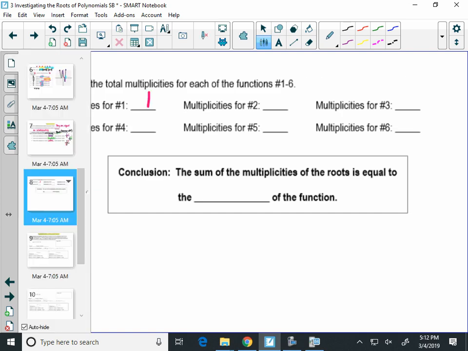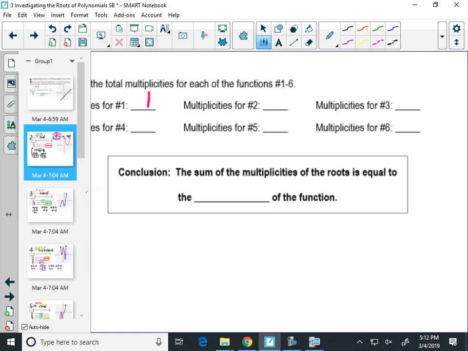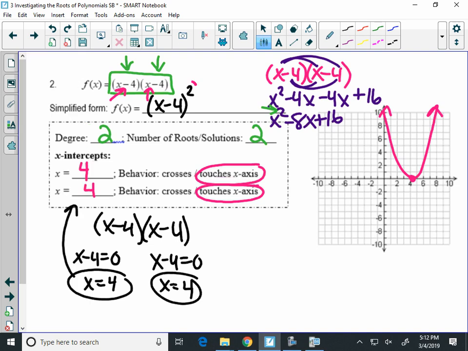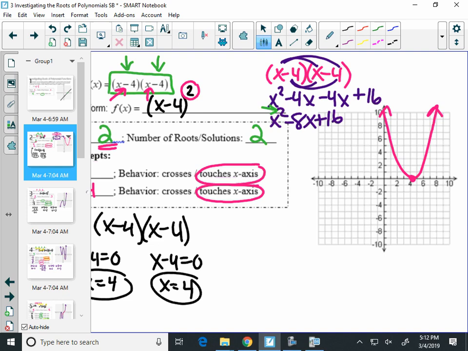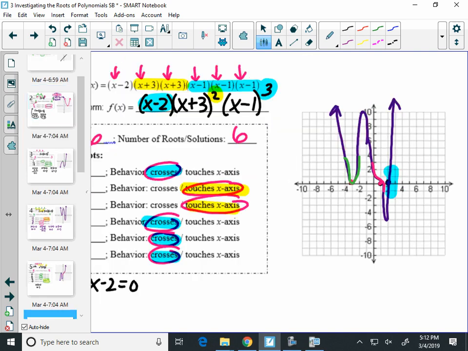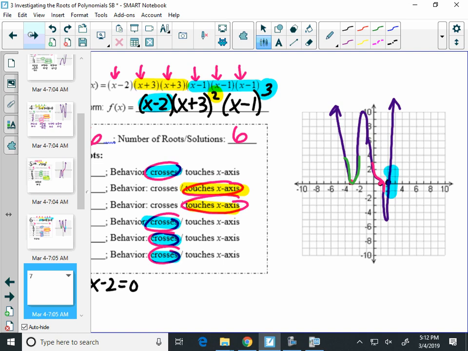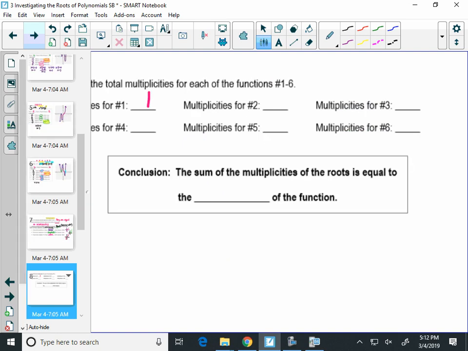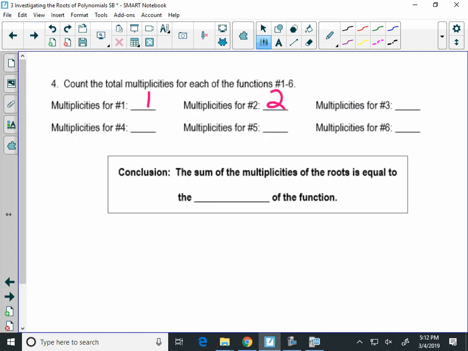Let's go back to number 2. The multiplicity for graph 2, well, the only exponent here is 2. So the multiplicity on this graph is 2. And notice we're going to make a connection. The degree of this polynomial is 2. So the multiplicity here for graph 2 is 2, the degree was 2.